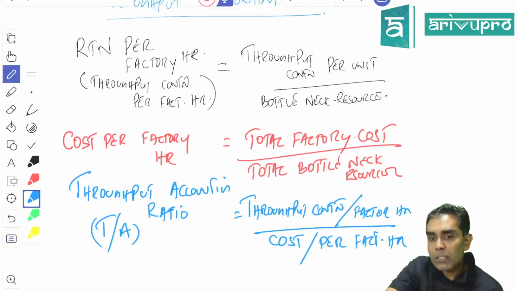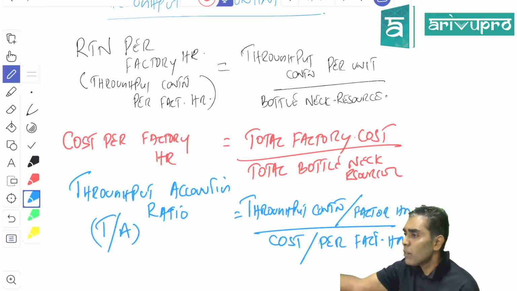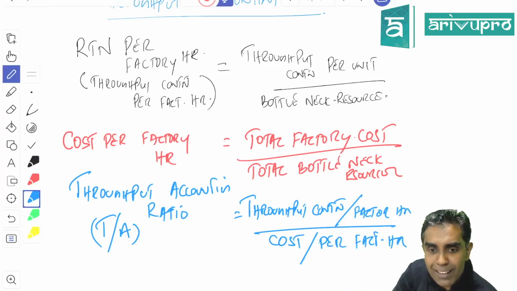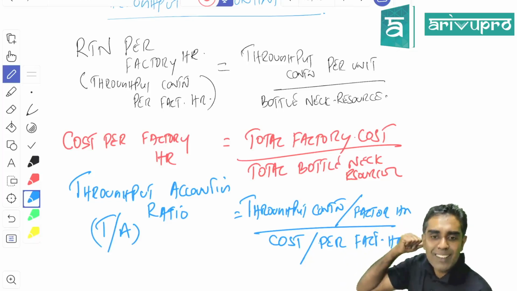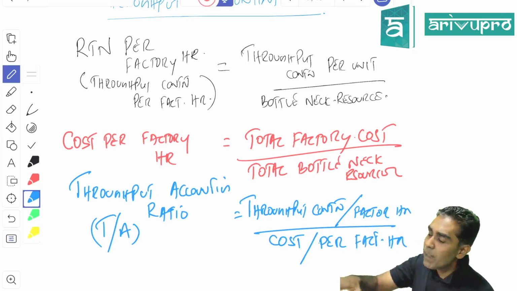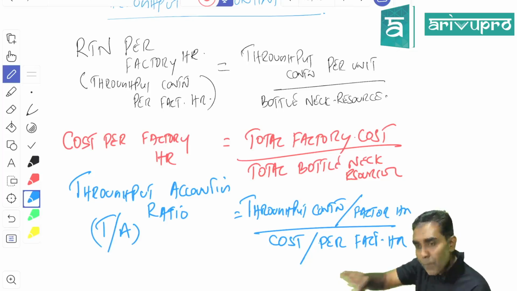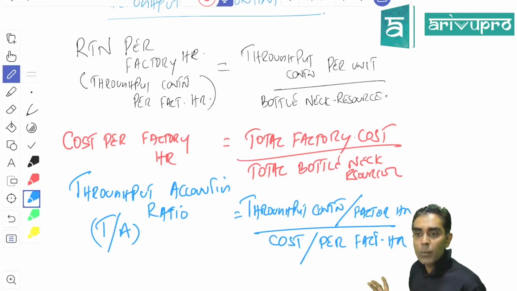If your labor is treated as fixed, then you can use throughput accounting. If your labor is treated as variable, then you should go back to the traditional costing system. It does not mean one is wrong and another is correct. Both are correct, applied to two different situations. You got my point?